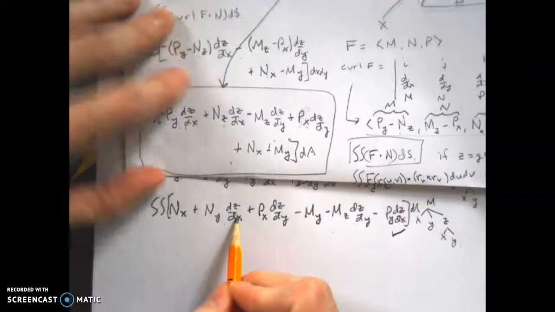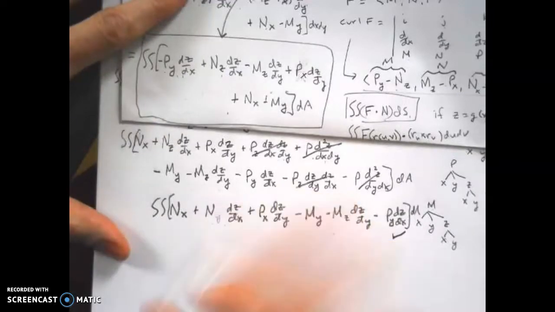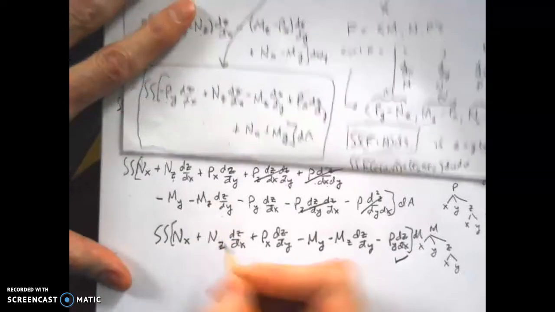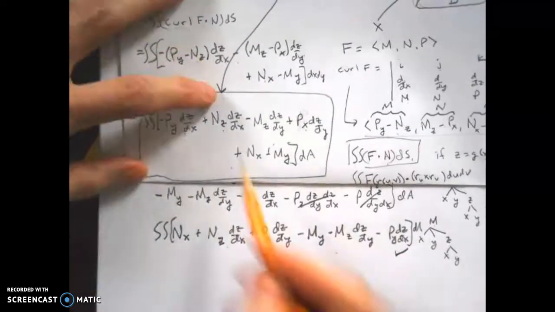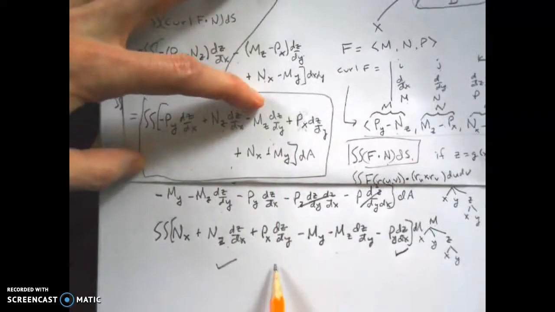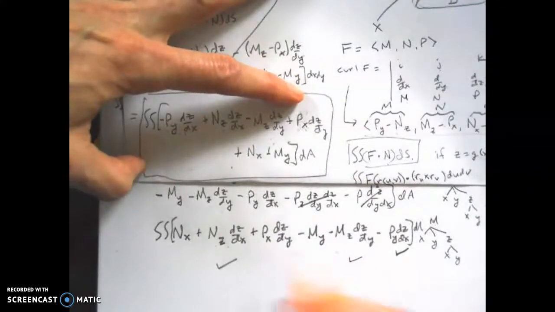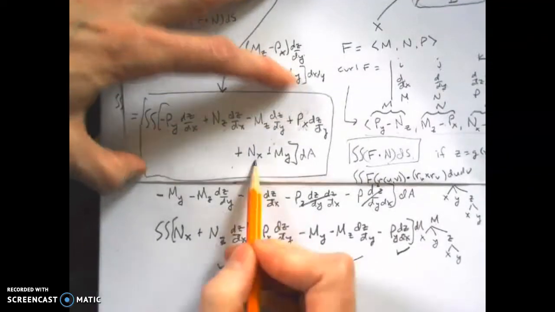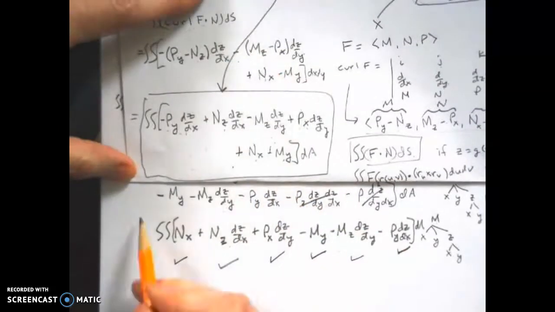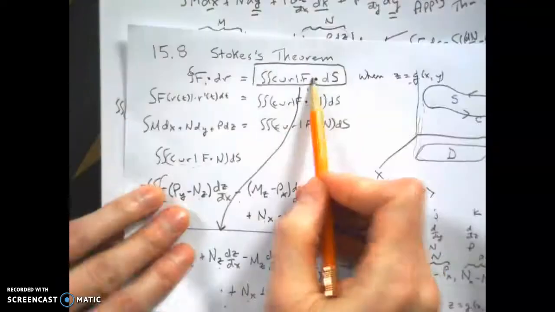I think this one right here should be a dn dz. That comes from there. I just rewrote that. So that matches. And then I've got minus dm dz dz dy, plus dp dx dz dy. There's that. Plus dn dx and plus dm dy. Boom. Okay, so we just proved this one came from the right side of the equation.